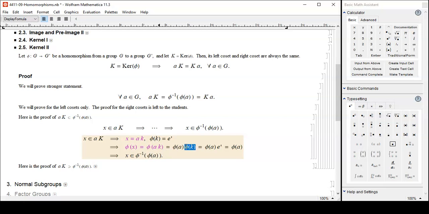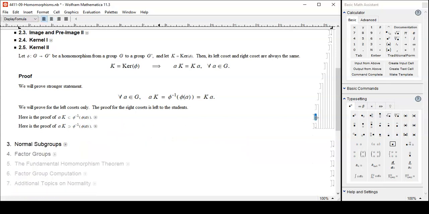And what is phi of k? It's e prime. So phi of x and phi of a are equal indeed. Precisely what we wanted. Therefore, x belongs to the preimage of phi of a. Okay, that proves one inclusion.